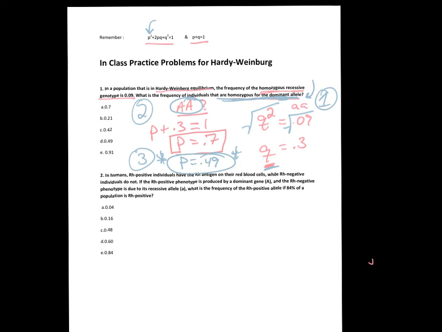The second takeaway is that they predicted wrong answers. They predicted that someone would come up with 0.7 and think that was the frequency of homozygous dominant individuals in the population, and they have that answer waiting for you. The actual answer is 0.49, but they predicted that somebody would make the mistake and jump on 0.7. So you've got to be careful.